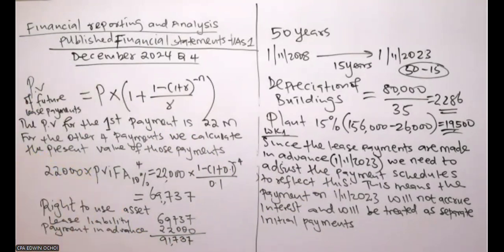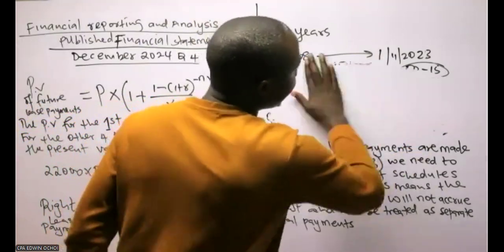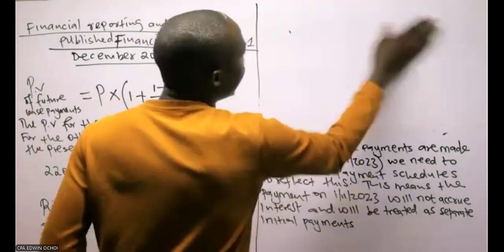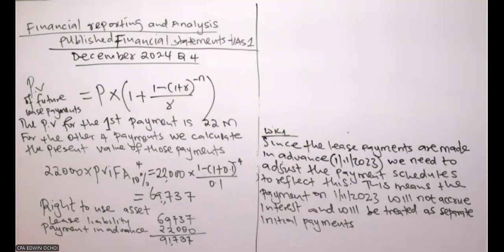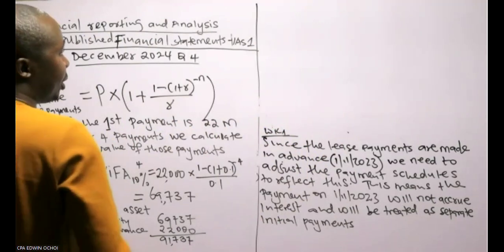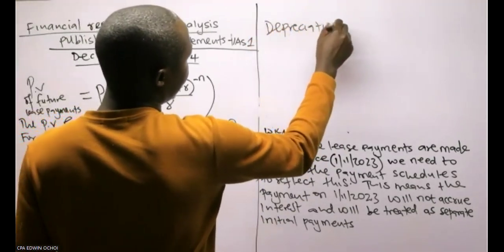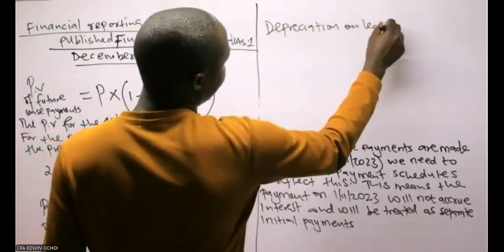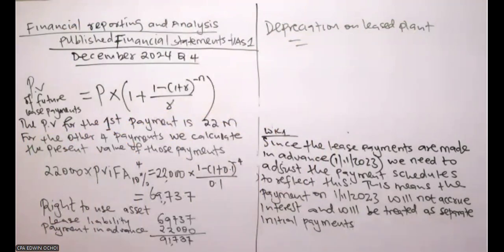91,737. Then after that, we check for depreciation on the leased plant. Remember that the years we know is 5.